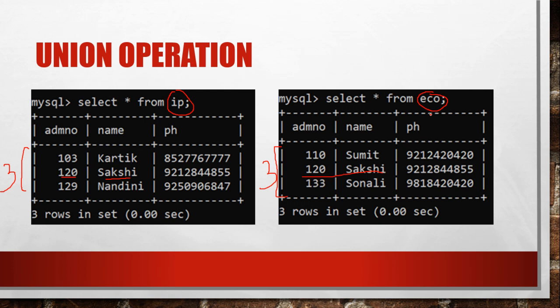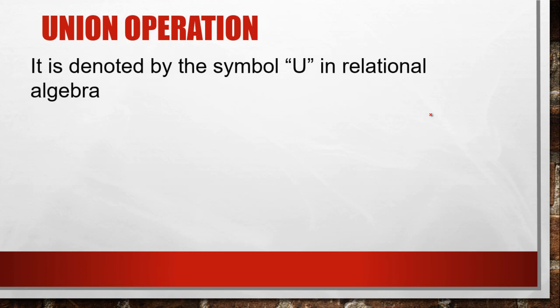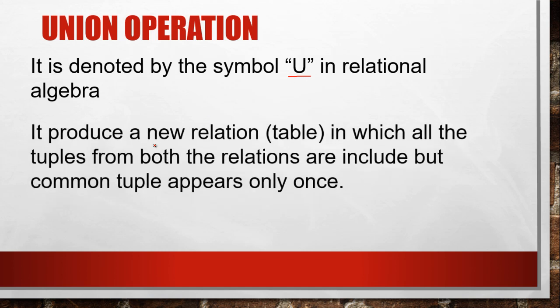So what will the union operation do? The union operation will combine the records of both the tables in such a way that common records appear only once. So let me give you a brief description of it. In relational algebra, the union operation is represented by the U symbol, and it produces a new relation.